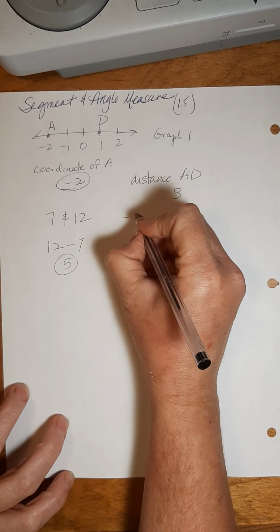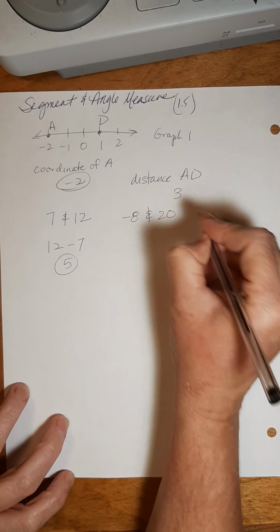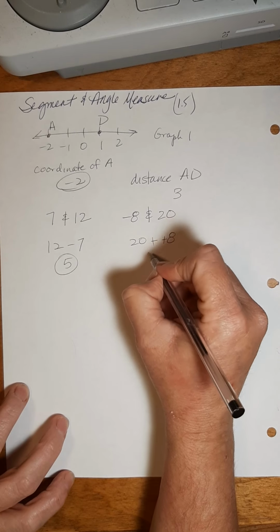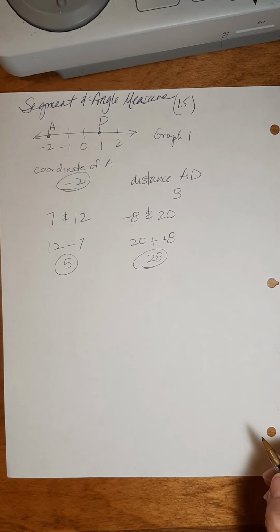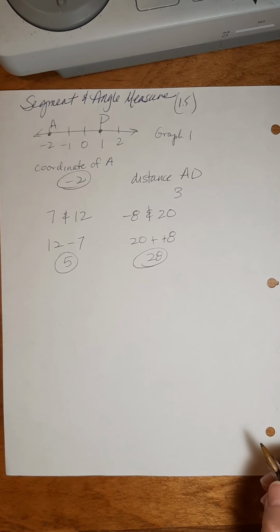Even if I had something like -8 and 20, high minus low, 28. So that's it for that.